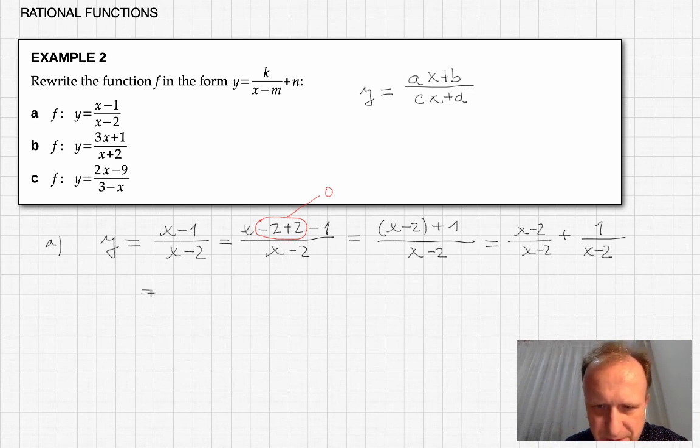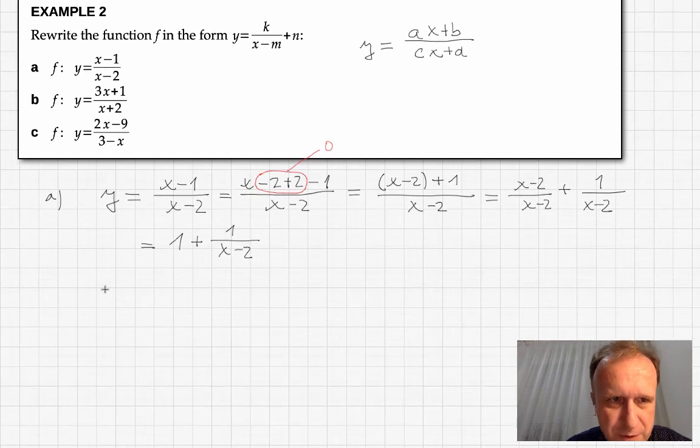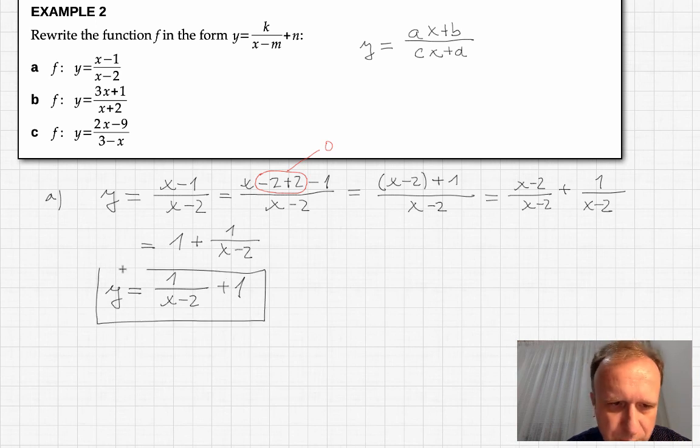And you see that the first part, x minus 2 over x minus 2, is just 1, plus I have 1 over x minus 2. So the function has this form, so I can state the answer as 1 over x minus 2 plus 1. This is the answer to part A, and you may notice that k in this case is just the number 1.